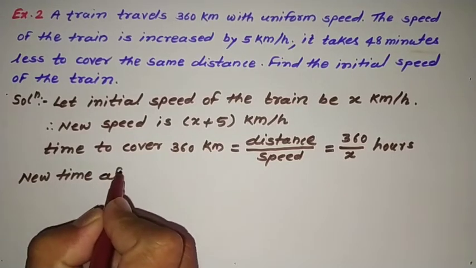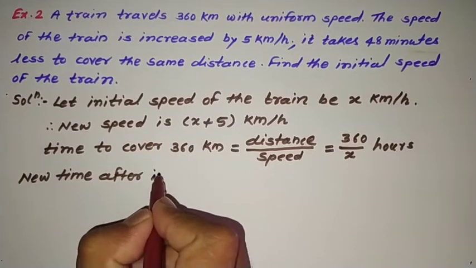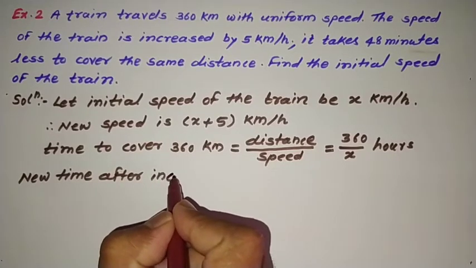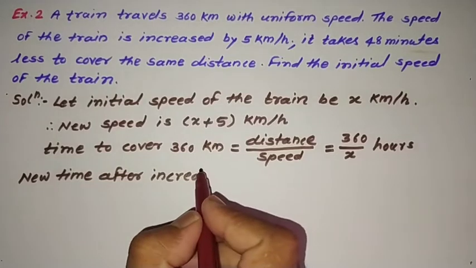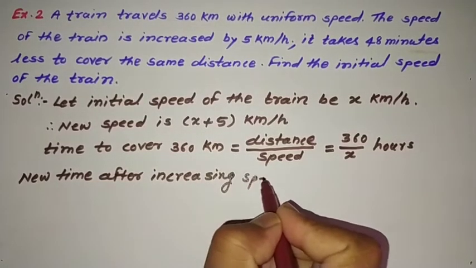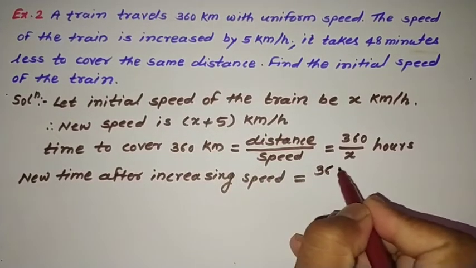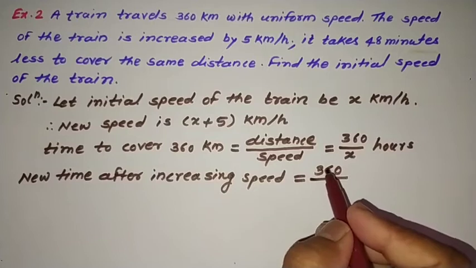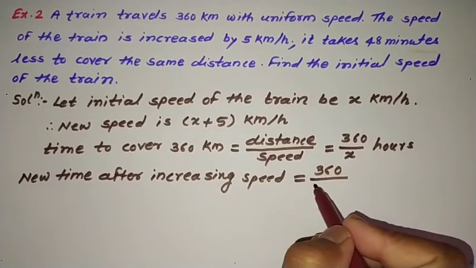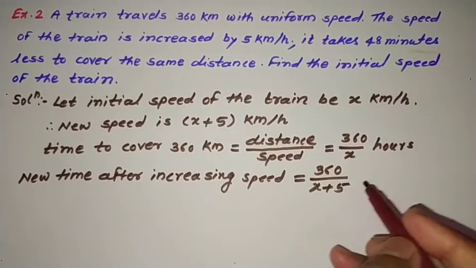New time after increasing speed is equal to 360 upon the increased speed, x plus 5, hours.